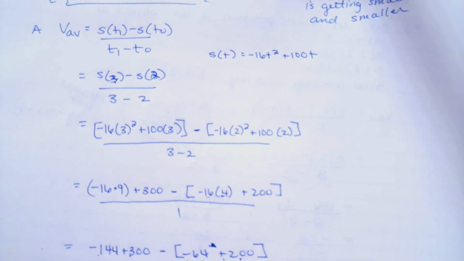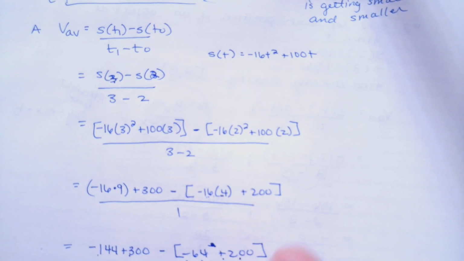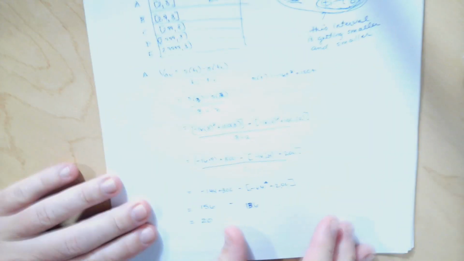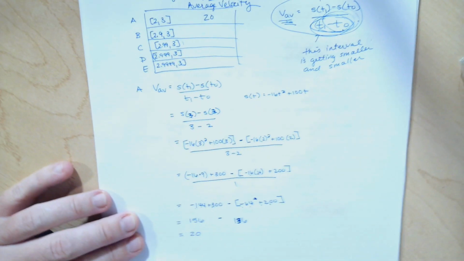Is that true? Yep, 136. So we have 156 minus 136 equals 20. Oh, and you didn't get to see any of that. Sorry, I was talking. Okay, so the average velocity up here is 20.